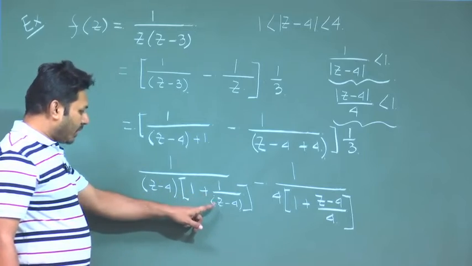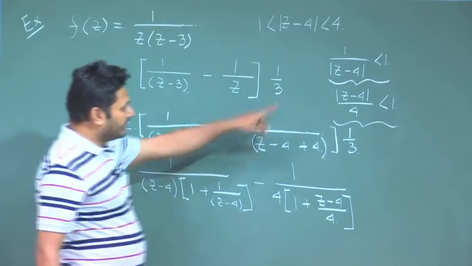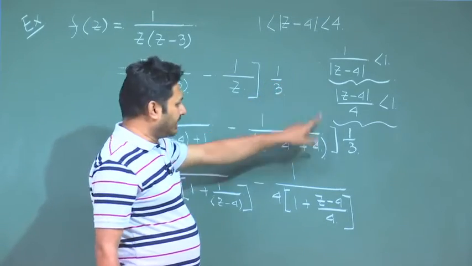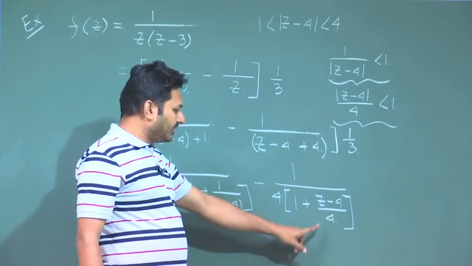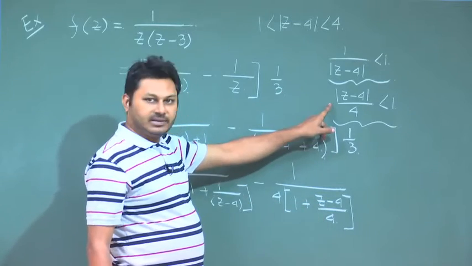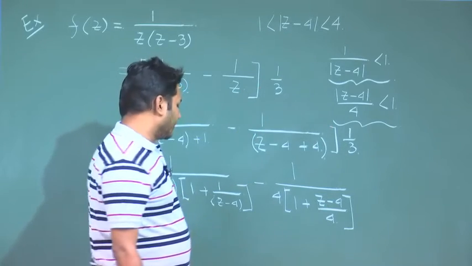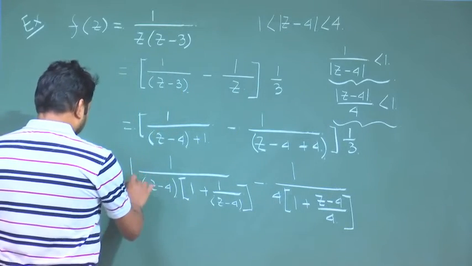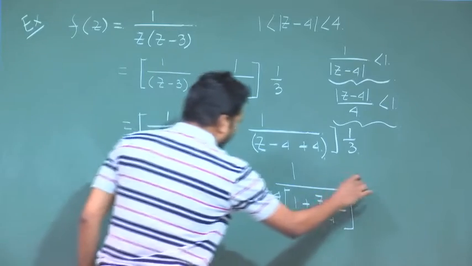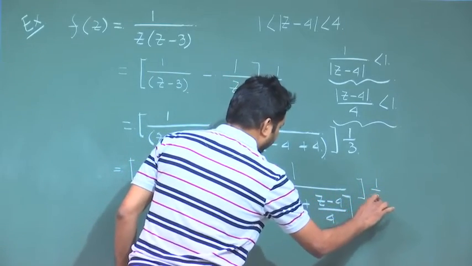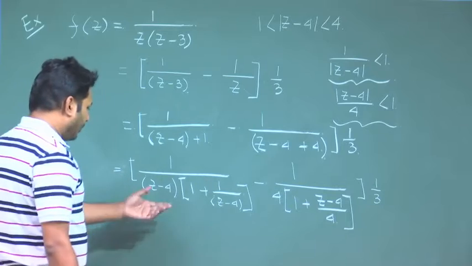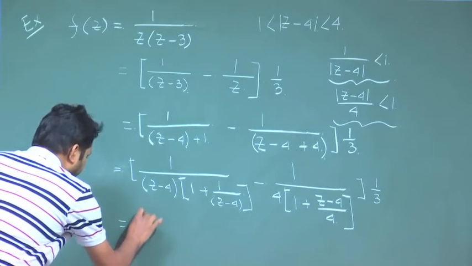So, once I have 1 divided by z minus 4, because I required this, and in the other case I have z minus 4 divided by 4 because I required this, I want to use these two given conditions, and the 3 term as usual is there. Now, we are done. So, now we need to just expand this.